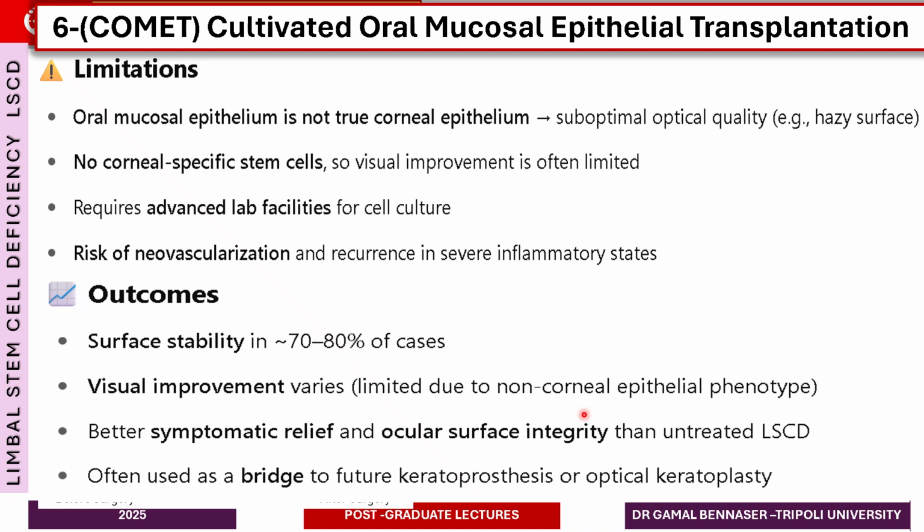And as I said, this is a bridge for future keratoplasty or optical keratoplasty. This is the aim of this type of procedure in a patient with advanced bilateral disease where we cannot do allogenic transplantation, so we go for this procedure to secure a healthy, integrated ocular surface.